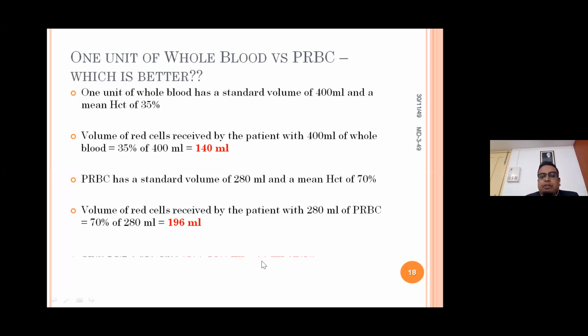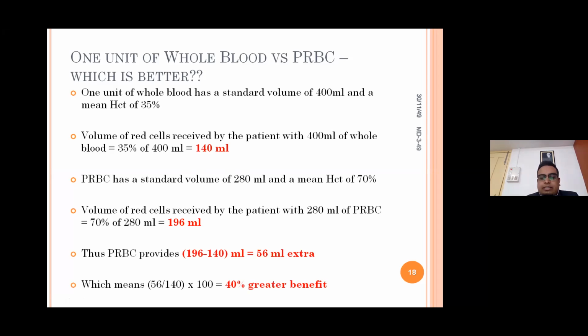So you are giving 56 ml of extra red blood cells. That means 56 by 140 into 100, which is 40% greater benefit to the patient. So there should not be any controversy regarding whether 1 unit of whole blood or 1 unit of PRBC is better when a patient requires blood. This mathematical calculation shows that 1 unit of PRBC always gives a better outcome when transfused.